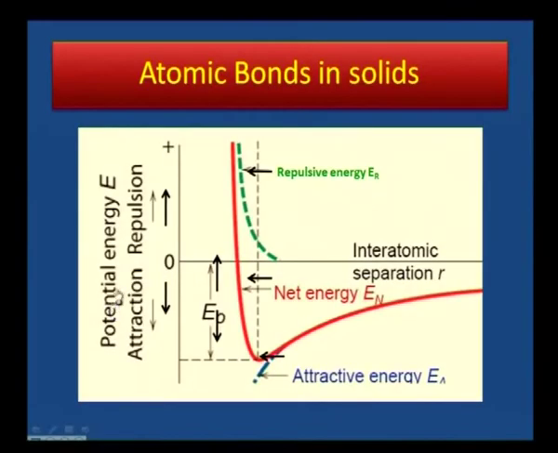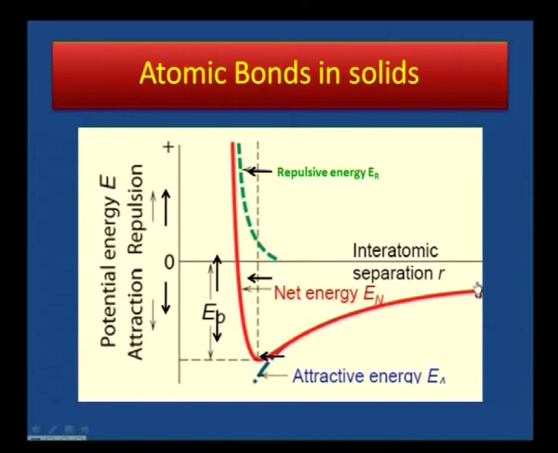In terms of energy, we have a stable bond when the potential energy of the system is a minimum. This is what you see here: the potential energy, with the negative sign referring to attraction and the positive sign referring to repulsion, and this distance is the interatomic separation. This is the repulsive energy.